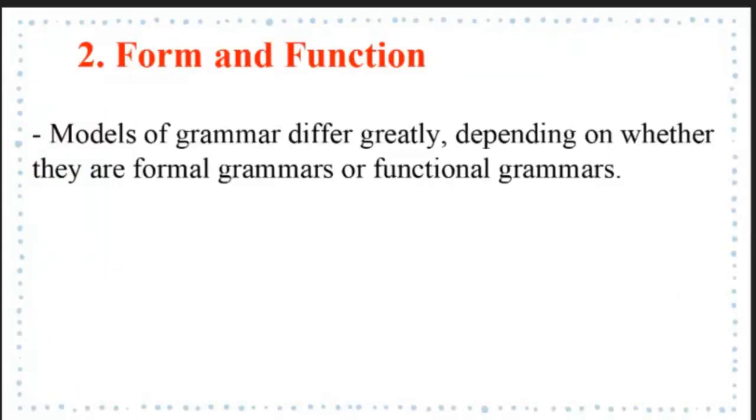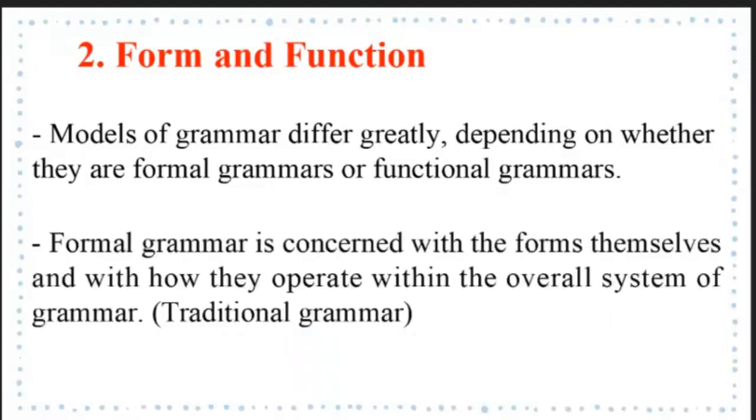The models of grammar differ greatly depending on whether they are formal grammars or functional grammars. The formal grammar is what is usually known as traditional grammar, that we are familiar with from when we were taught English, and we also use it to teach grammar to students at school. This is concerned with the forms themselves and with how they operate within our system of grammar.